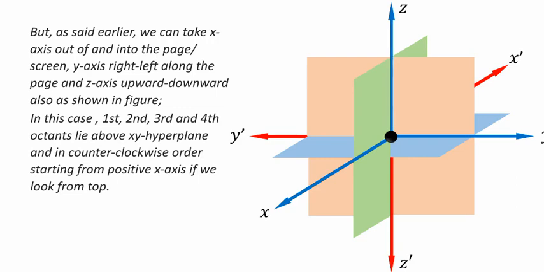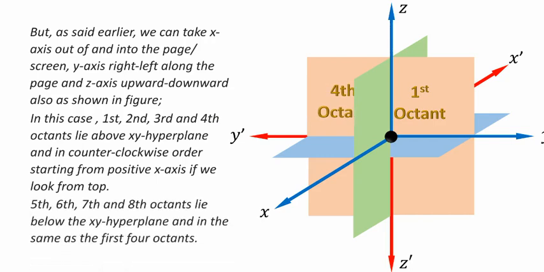In this case, the first, second, third and fourth octants lie above the xy hyperplane and in counterclockwise order starting from the positive x-axis if we look from the top. Fifth, sixth, seventh and eighth octants lie below the xy hyperplane and in the same order as the first four octants.